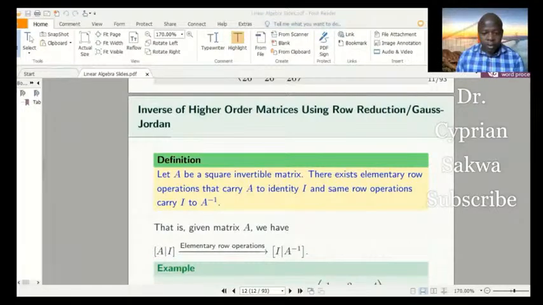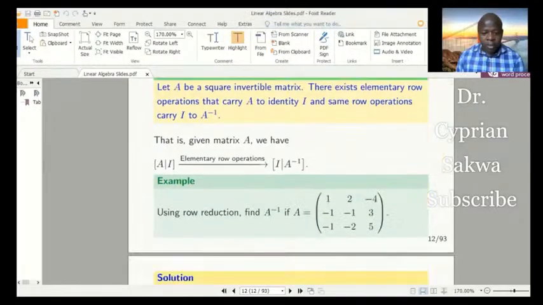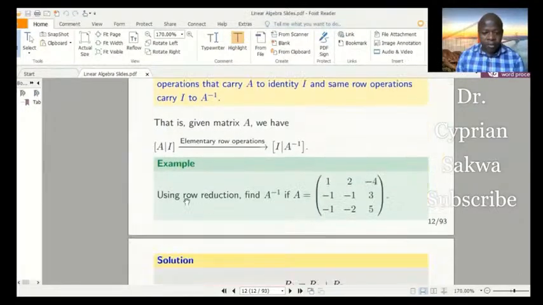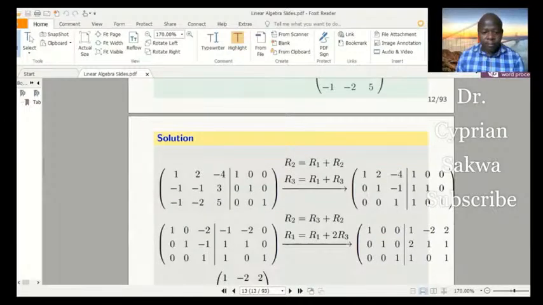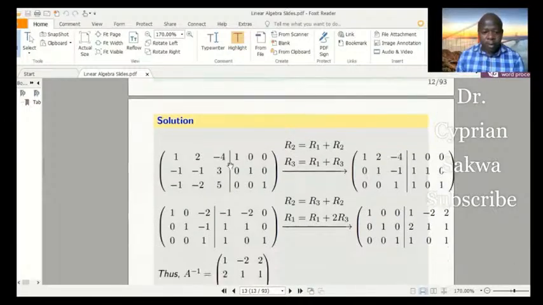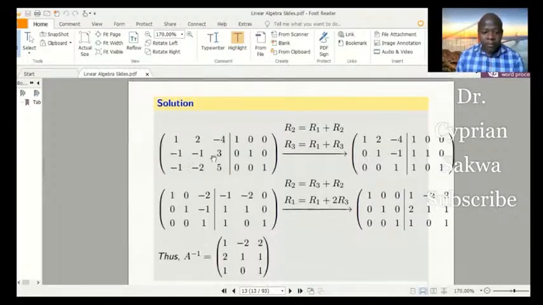Let's use an example to make it clear. The question is, use row reduction to find the inverse of A when A is this. So what we do, we write the matrix that we've been asked, then a vertical line, and write the identity matrix. This is a 3 by 3 matrix, and therefore we write a 3 by 3 identity matrix.